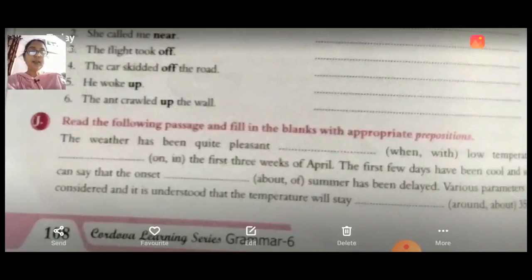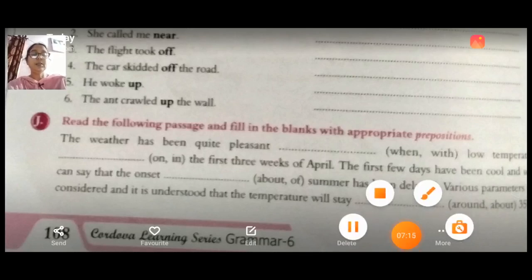The first few days have been cool and we can say that the onset dash summer has been delayed. Various parameters were considered and it is understood that the temperature will stay dash 35 centigrade. Now we are going to choose the appropriate prepositions.